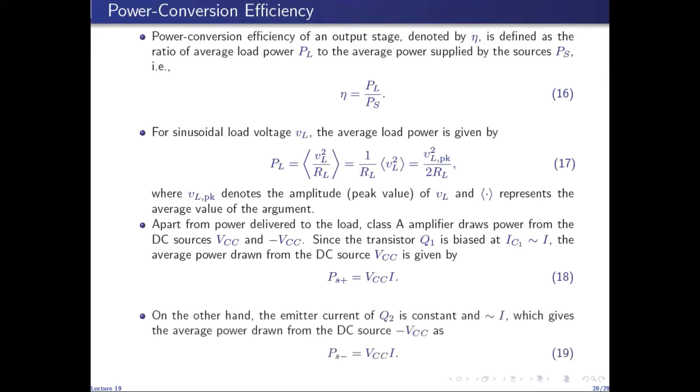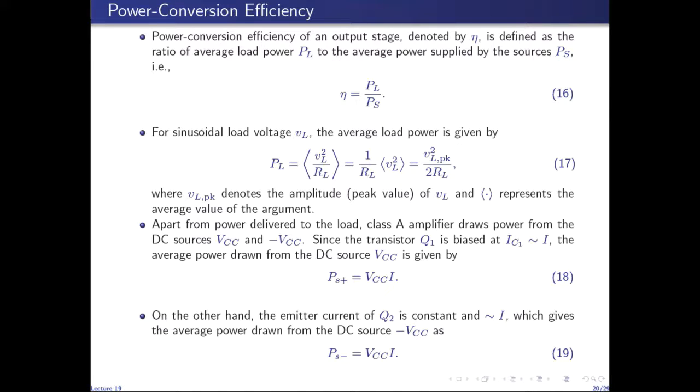Similarly, since the average current through Q2 is a constant equal to I, the average power drawn by Q2 from the DC source minus VCC is equal to, again, VCC times I. Because the average current pushed into the supply minus VCC by the transistor Q2 is I, then minus I is the current which is supplied by the source minus VCC.